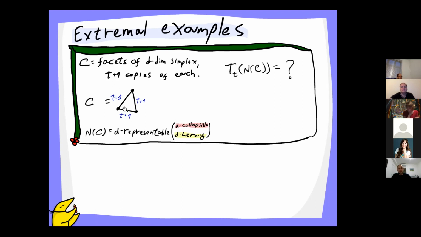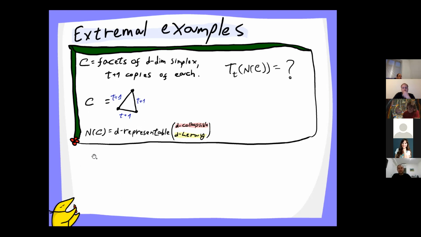So you can see that C itself doesn't have a point in common with tolerance t, because any t sets that you remove, you are still left with at least one copy from each of these edges, and then we have empty intersection.